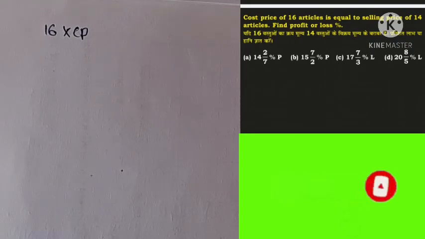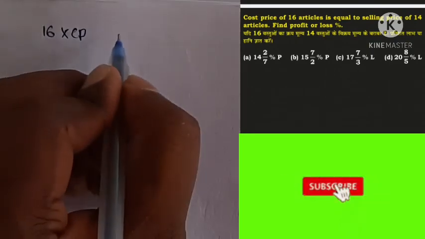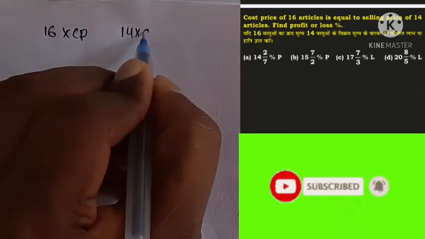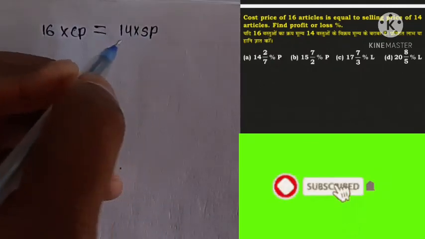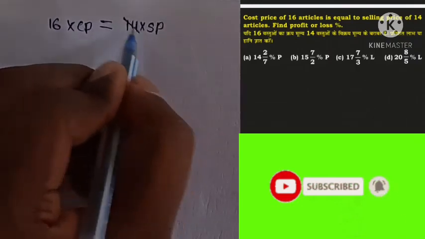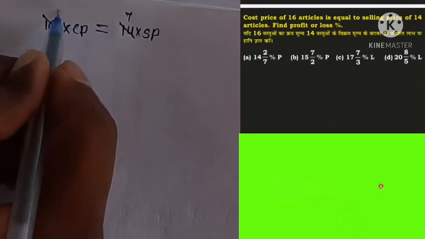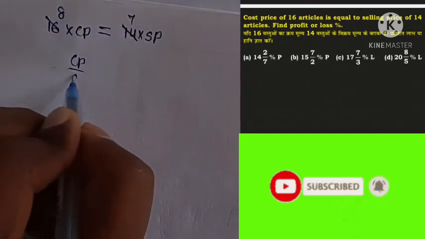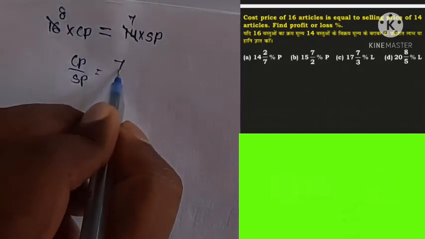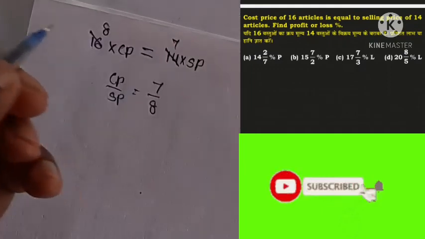So selling price of 14 articles is equal to 14 into SP. So both are equal. So cancelled 7, then 8.